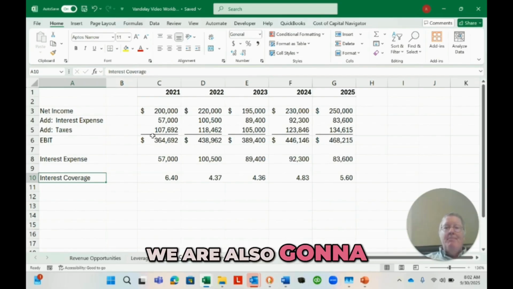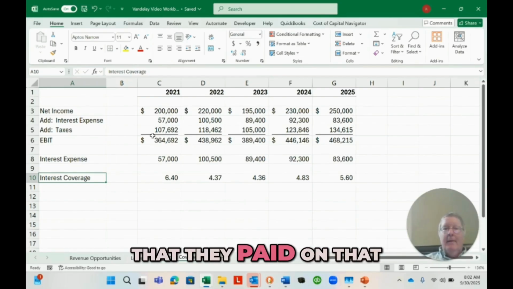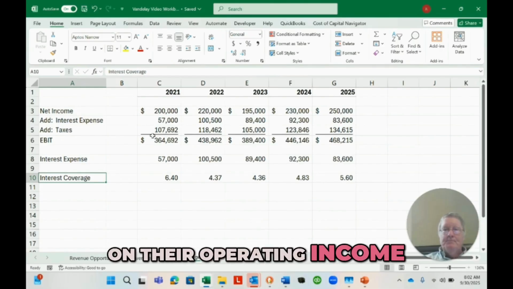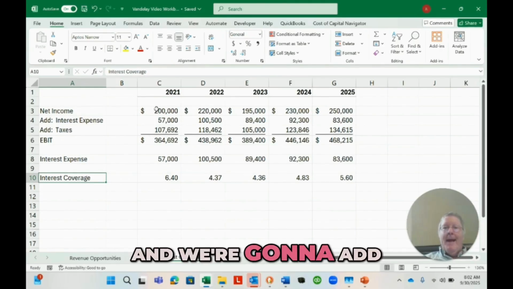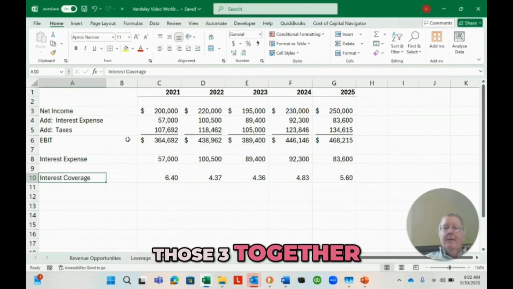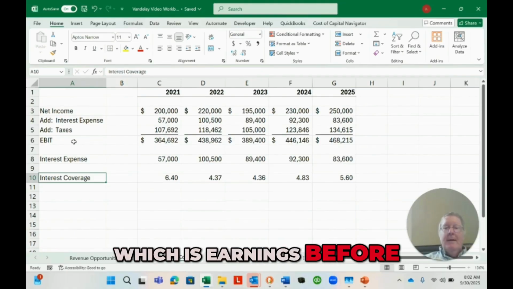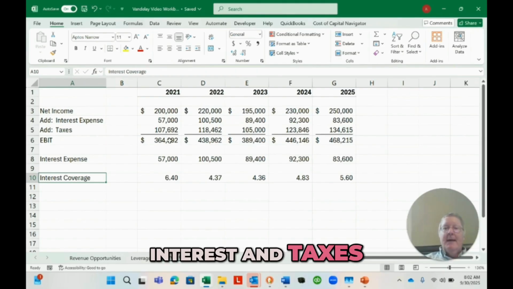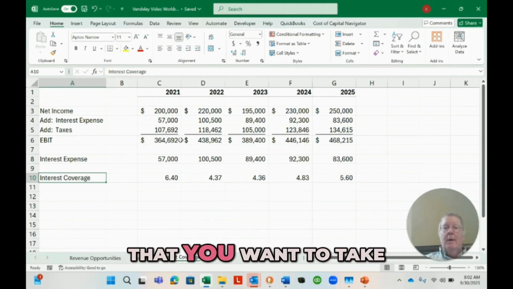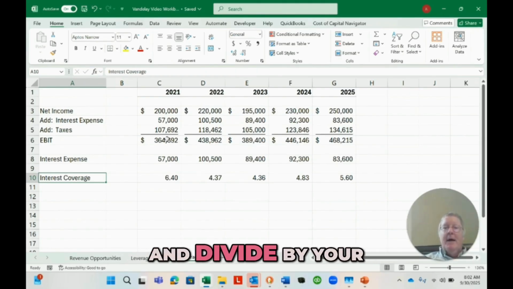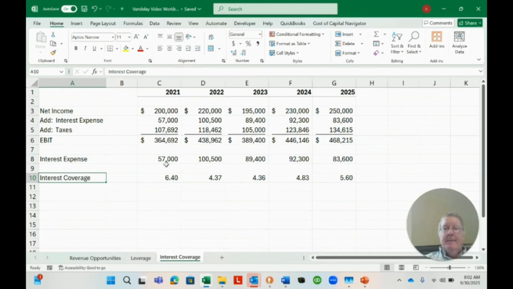We're also going to add back the taxes that they paid on their operating income. And we're going to add those three together to arrive at EBIT, which is earnings before interest and taxes. And that's the number that you want to divide by your interest expense.